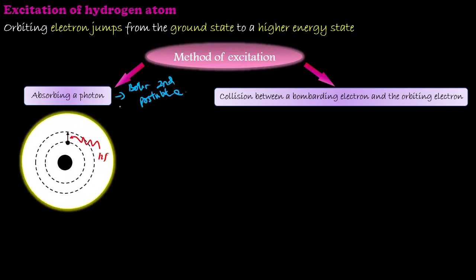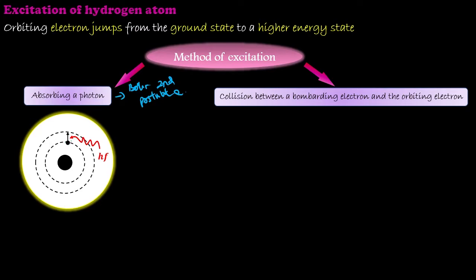The electron is moved from the ground state to a higher energy state, and when it moves from the lower state to a higher state, it means the electron is gaining energy. The energy must be provided to the electron so that it has enough energy to make an excitation.